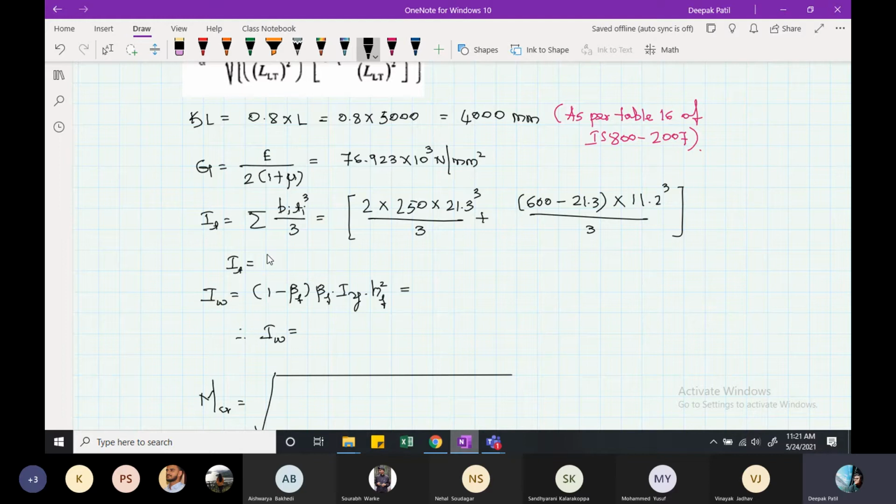So this will give me the torsional constant to be 1.88 into 10 raised to 6 mm raised to 4.